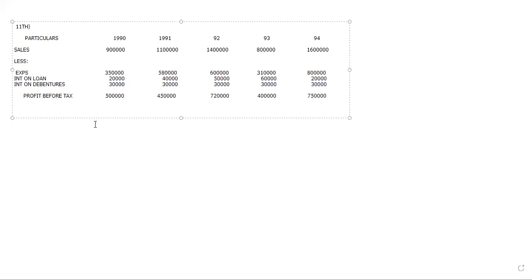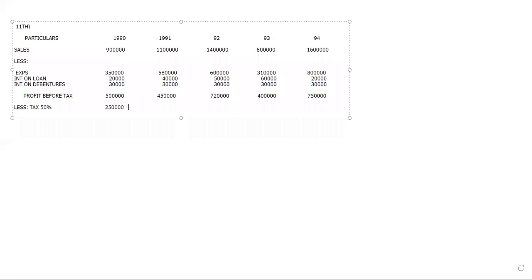Now what we have to do? Since he has given the tax rate, we must subtract tax at the rate he said. The tax percentage is 50. So 50% of 5 lakhs is half. How much will it be? 2,50,000.